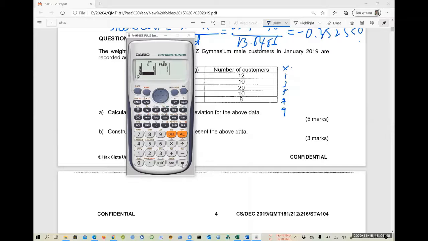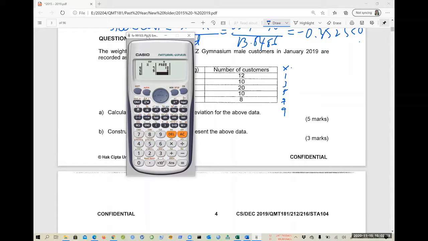Now for the frequency, starting with the first row again: 12, 10, 20, 10, and 8. Okay, now you have everything.